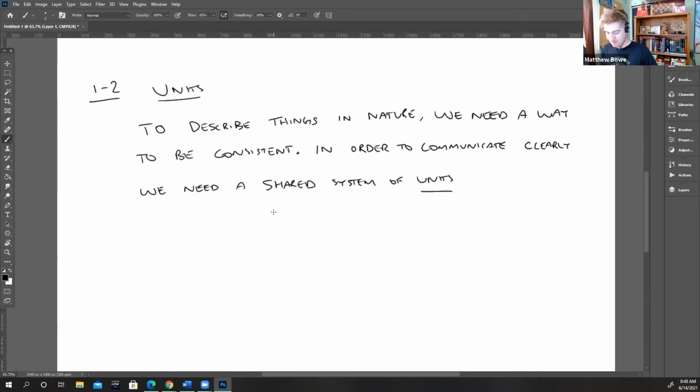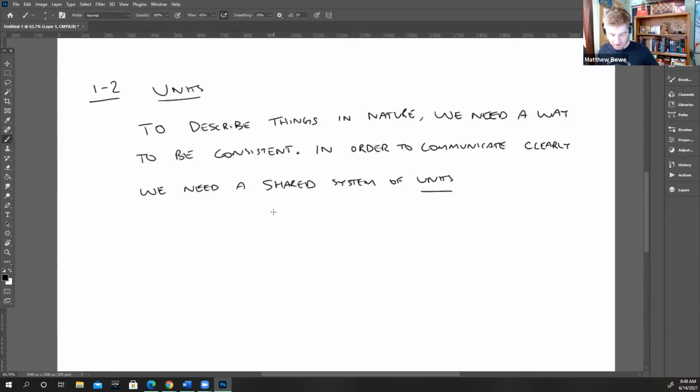You can see the problems that can arise there. One person says, oh, it's 5. It's that tall. The other person says, no, it's 5. It's actually very small. It's that big. So there needs to be a shared system.